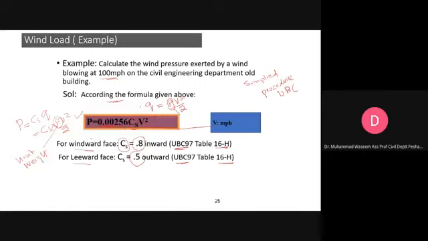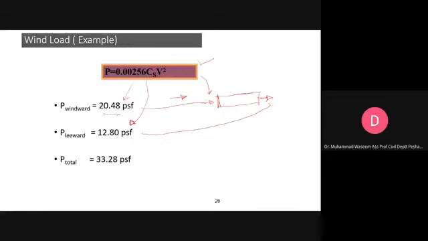We have neglected the sides of the building. We are just considering the windward and leeward, and we have to go to the code, and based on the characteristics of this building, you have to come up with CS values, inward and outward. You can consult Table 16H in the UBC and compute the wind pressure using this formulation.